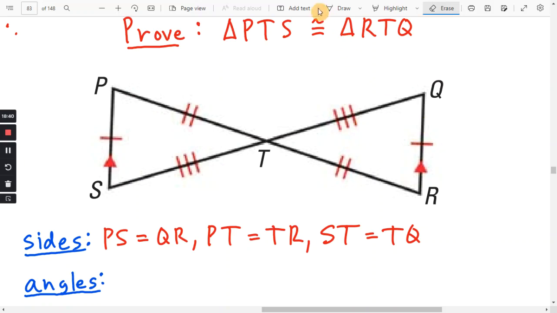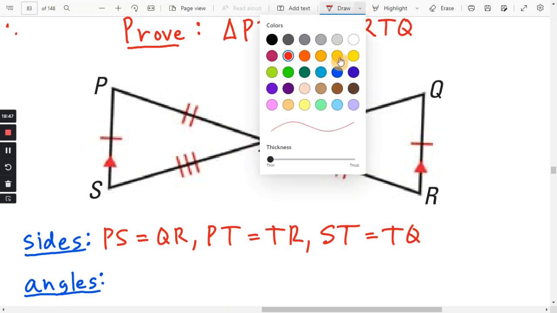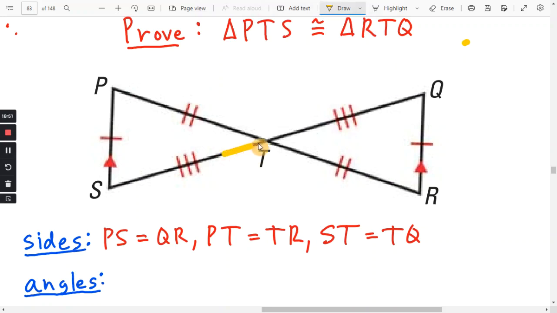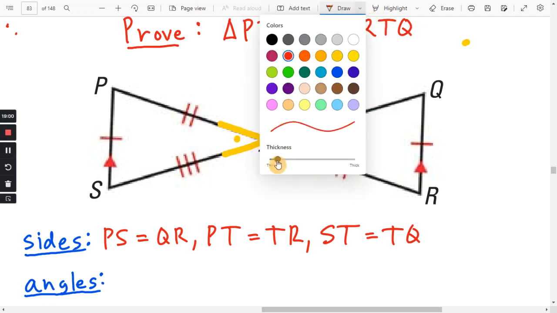Now let's do the angles. Here we have the X shape right here in the middle. If you look at this X shape, this angle matches that angle. We need 3 letters there.